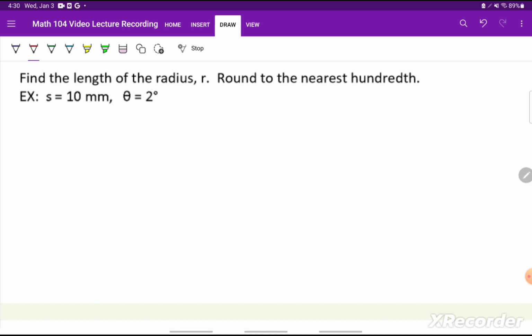All right, one more. This time they've given us the arc length of 10 millimeters and an angle of 2 degrees, and they want us to find the radius. We're using that arc length formula, s equals r times theta. And we have the 10 to plug in for the s, but the theta, it's not ready yet, right? We've got to convert this to radian.